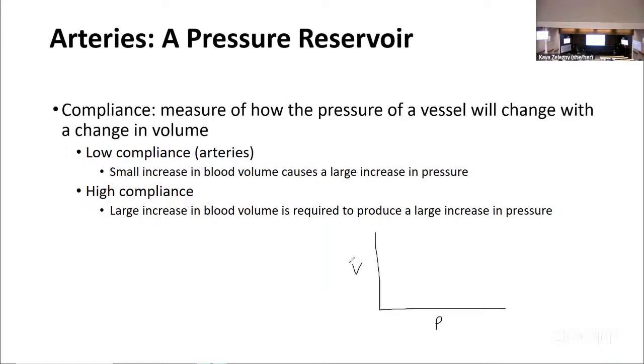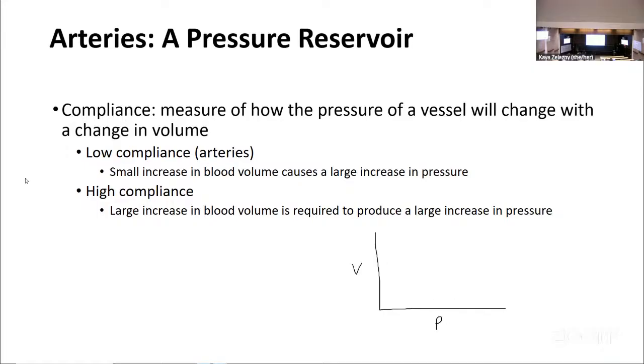I'm drawing this for you because I draw this in my mind every single time I think about what low compliance and high compliance mean, because I don't know about you, when I think about it in words, it's more confusing than when I just see it and can read it off a graph. So hopefully this will help you, but if this confuses you, you can ignore what I'm saying. So, volume and pressure.